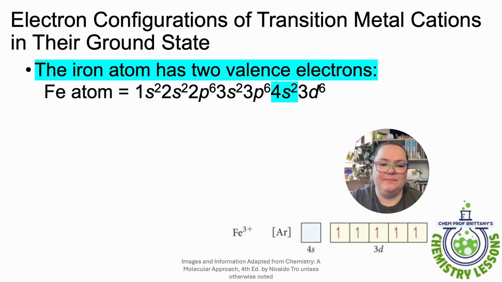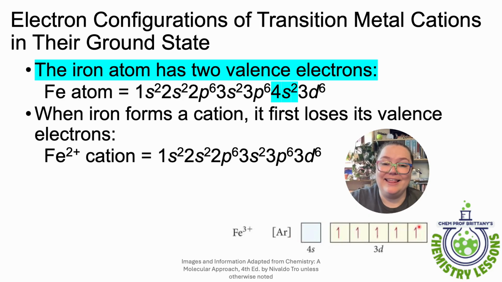So, like I said on the previous slide, like iron, if we have unpaired electrons, what that means is we're going to have basically uncanceled out electron spins. And this is what contributes to the magnetism of our elements like iron. Iron is magnetic. This is why.